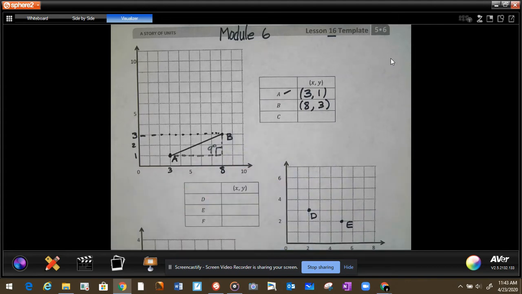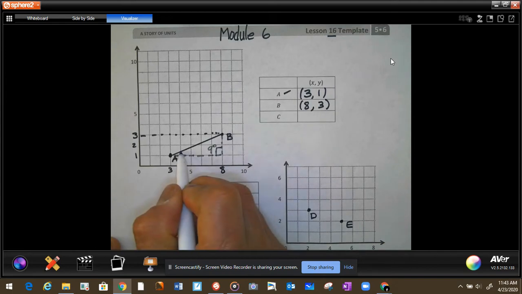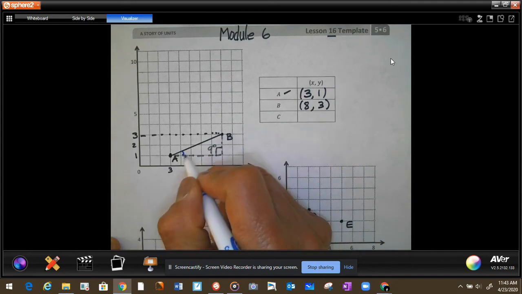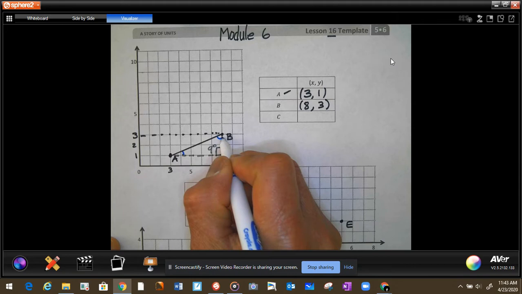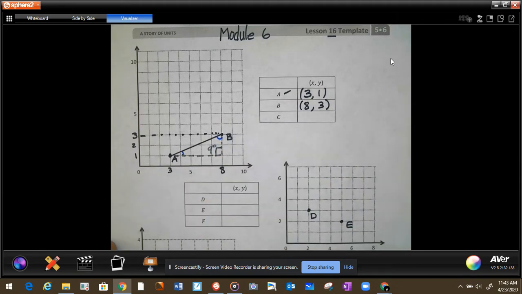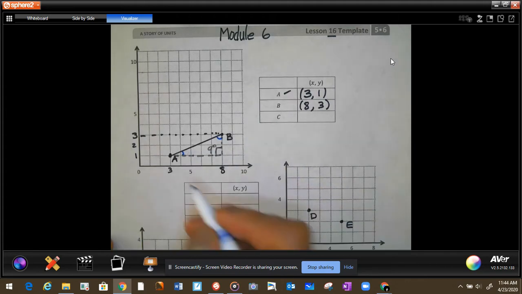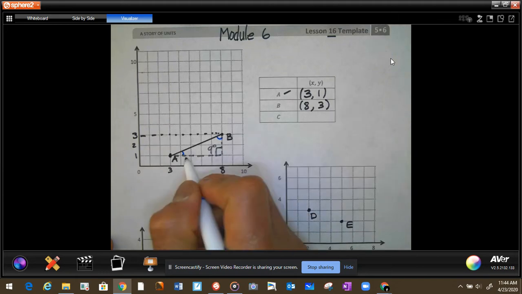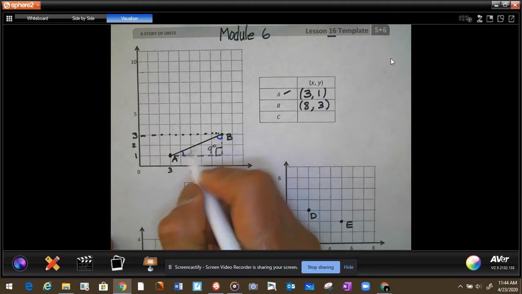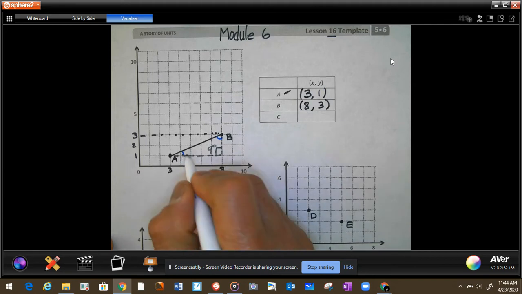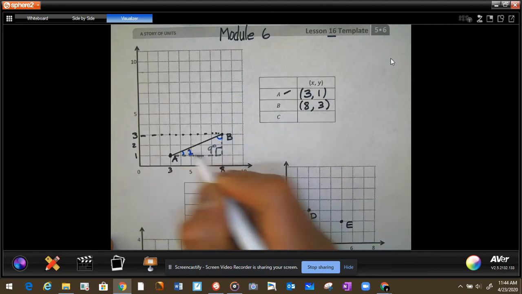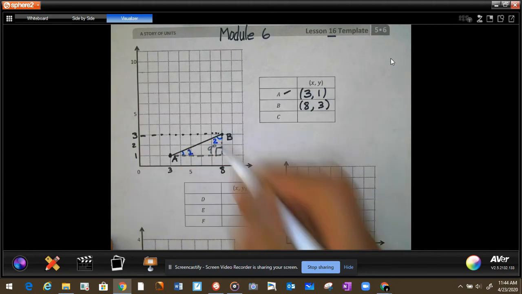Now we have two other angles, and if you pay attention to these angles, this angle is an acute angle, which means it's less than 90, and this is less than 90. So let's call them acute angle 1 and acute angle 2.